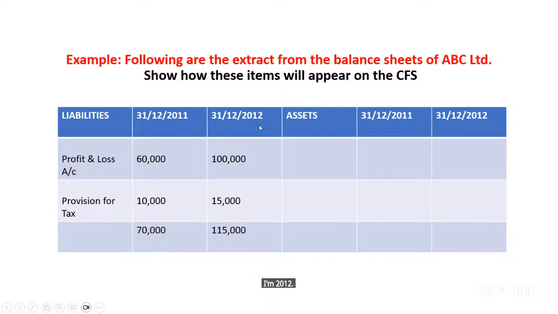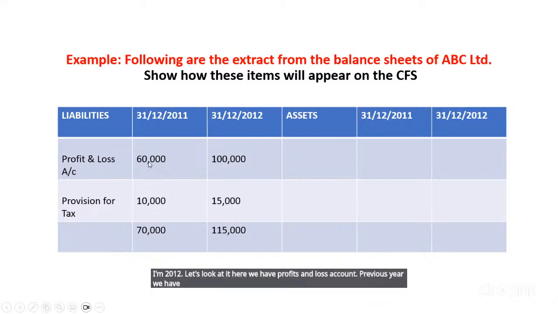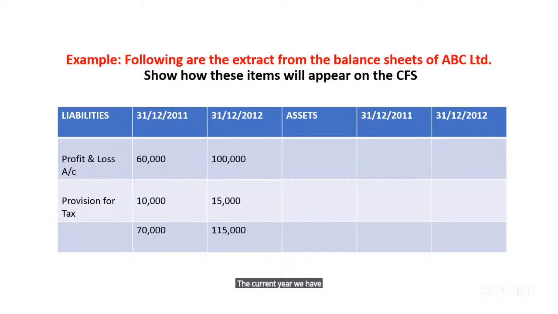We have the profit and loss account: previous year 60,000, current year 100,000. What about provision for tax? Previous year, we had 10,000. The current year, we have 15,000. Then for the other item, the previous year we have 2,000 and the current year 115,000.